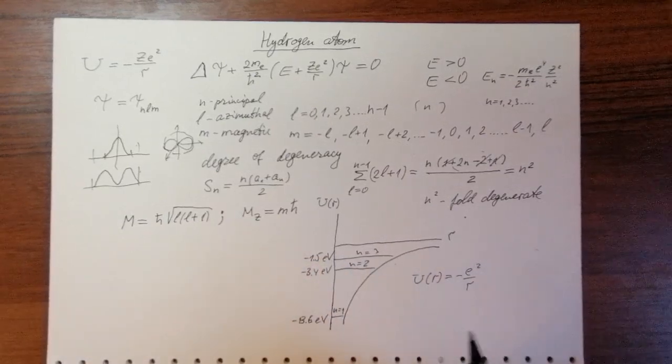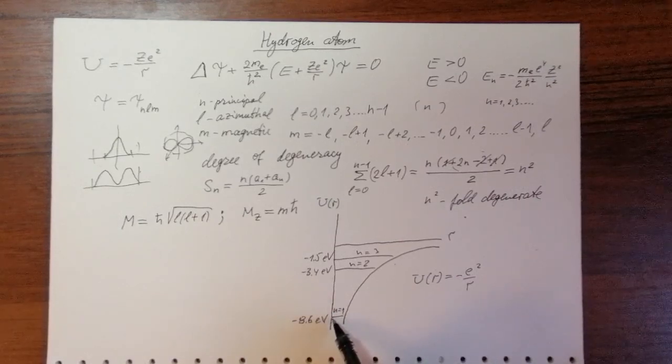with the difference of potential. So we see that when n is 1, it is the ground state of the electron in the atom, and we need to spend energy 13.6 electron volts in order to make the electron free.